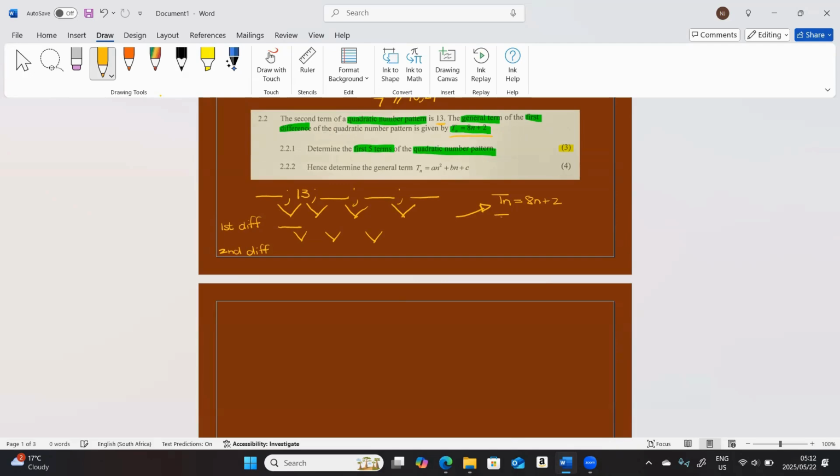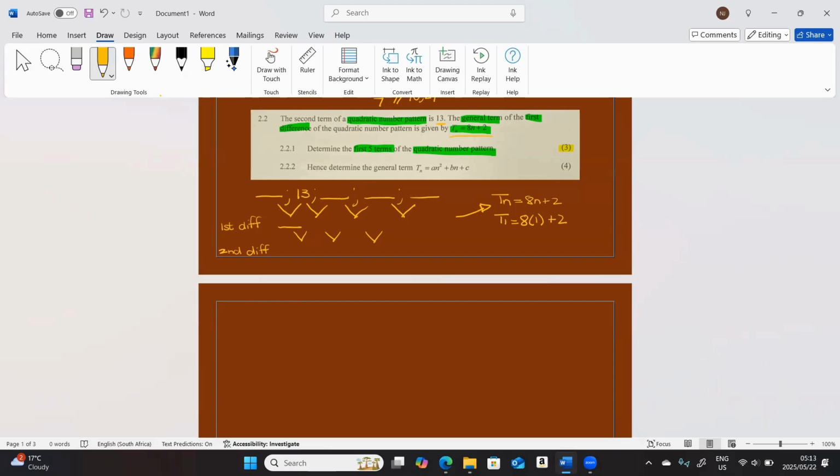So this is going to be the first term of my first differences of my linear pattern. By the way, this first difference will always be a linear pattern, an arithmetic pattern. So then we have to substitute our n with 1 to get the first term of my linear pattern.